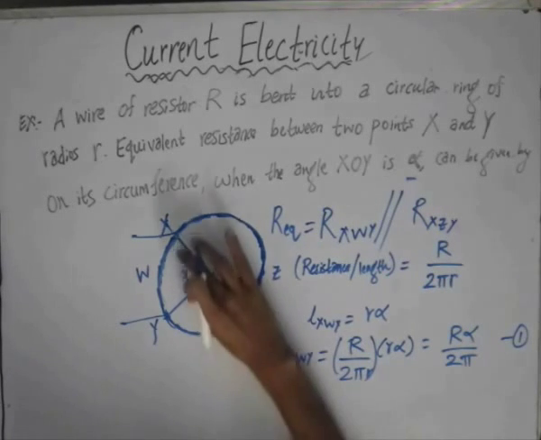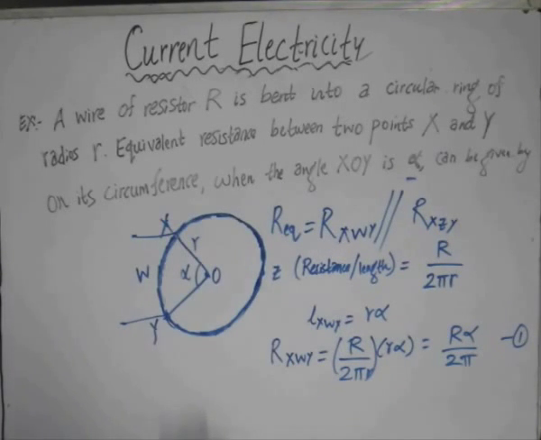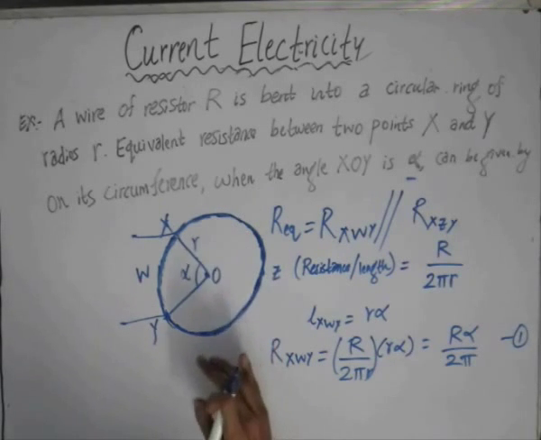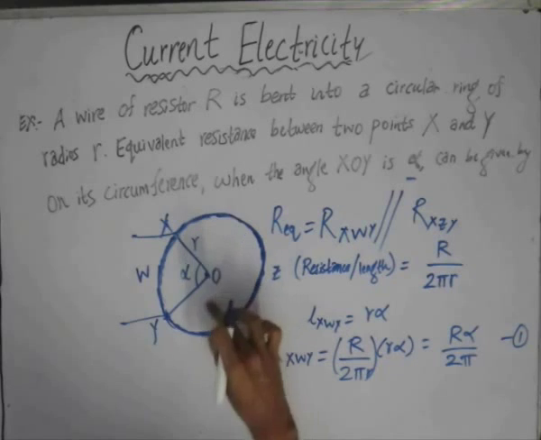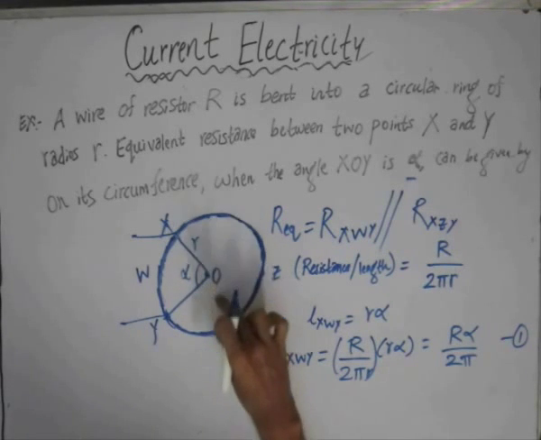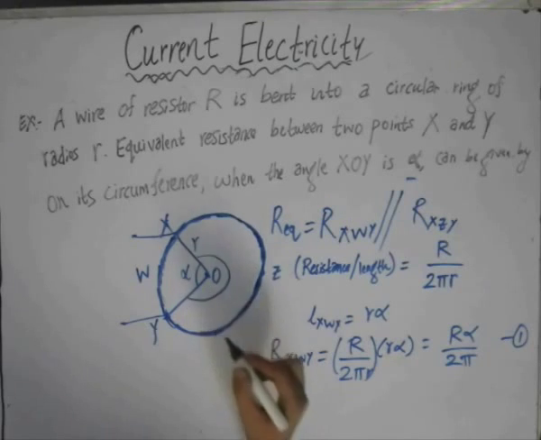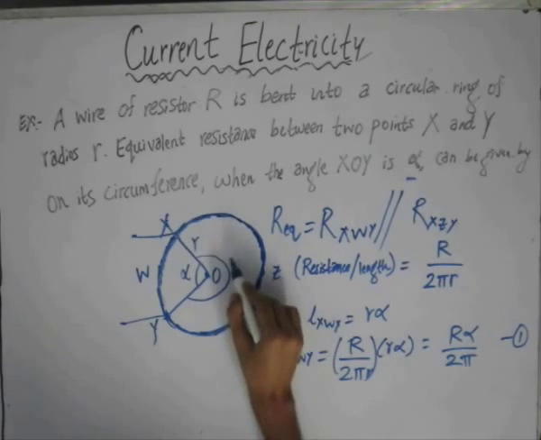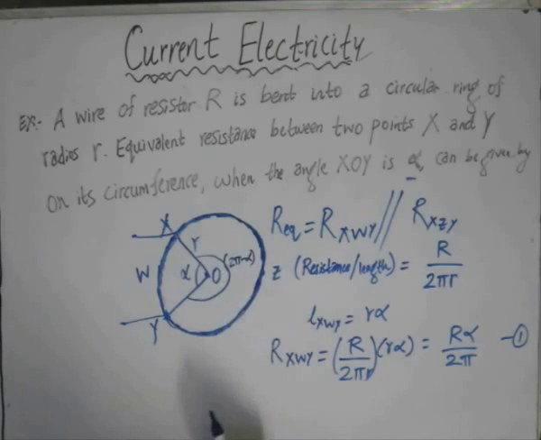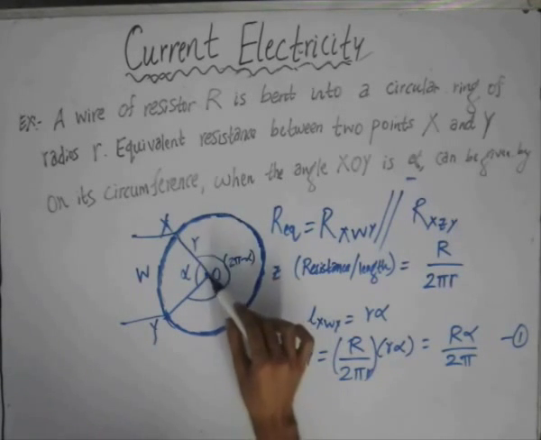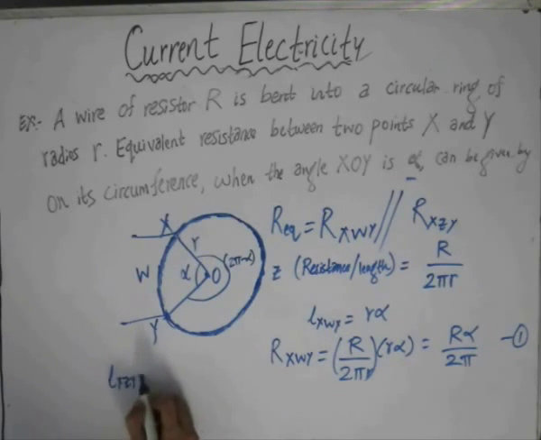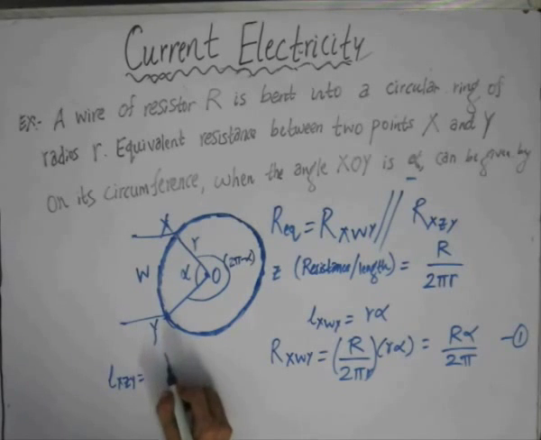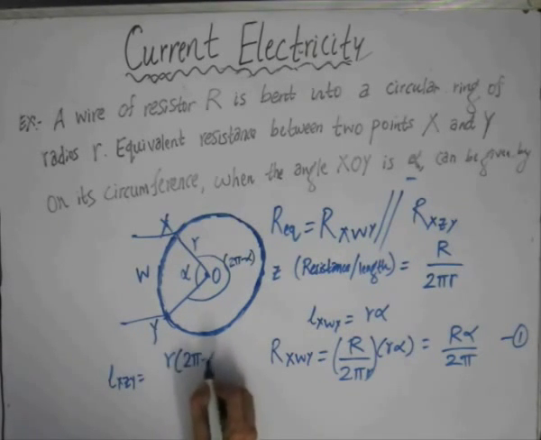Now similarly we need to determine the resistance of the second section of the circular ring. We know that the central angle for a circle is 2 pi radians, and in this case the included angle for the arc XZY would be 2 pi minus alpha. The radius is again r. So the length of the arc XZY would be r times the included angle, which is 2 pi minus alpha.